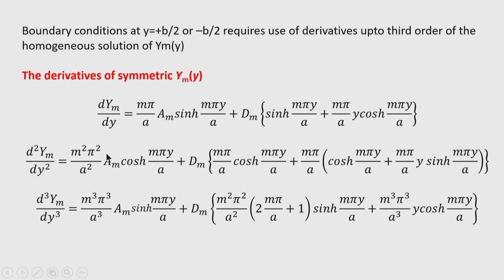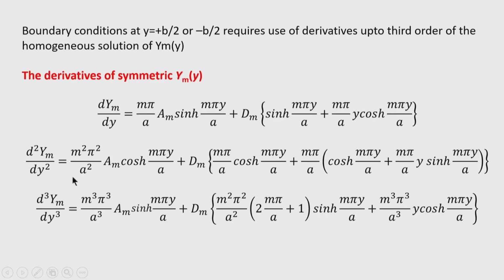So, this is the second derivative. It is required to impose the bending moment condition at the edges. For simply supported edges this is required, and also for spring supported edges we require the bending moment to be 0. So, this derivative is important.